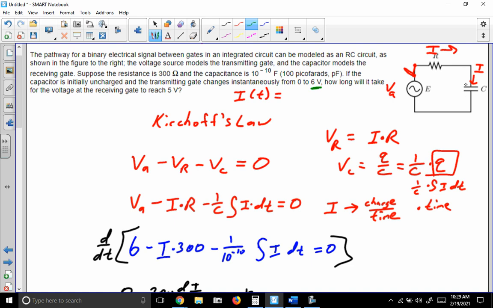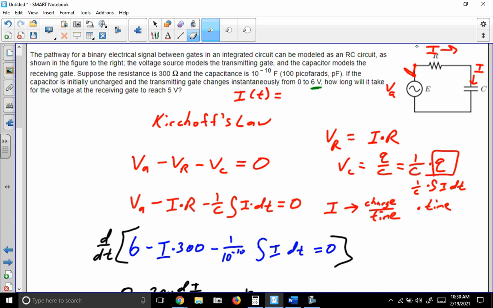And before we have a charge on the capacitor, when our charge is 0 to begin with, then our voltage across the capacitor is 0 divided by whatever the capacitance is, which is 0. So at the initial moment, it's not that the current is 0. The voltage across the capacitor is 0, but the current is not 0.